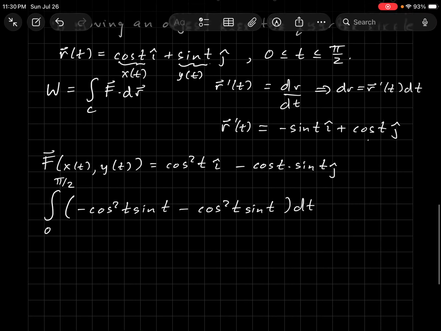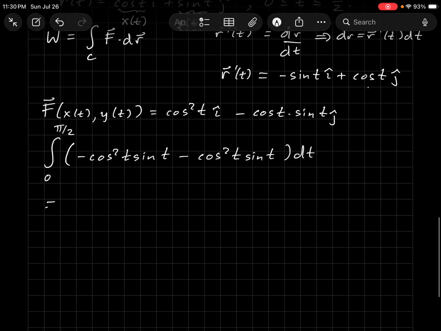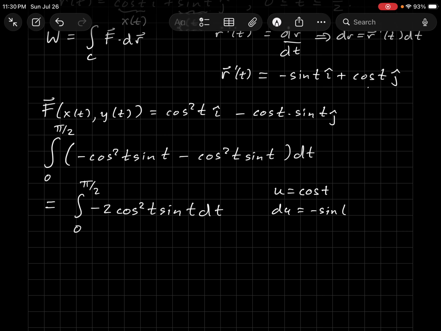So now we just have to do the algebra on this one. We get the integral from 0 to pi over 2 of negative 2 cosine squared t sine t dt, where u is cosine t, and then du is negative sine t.